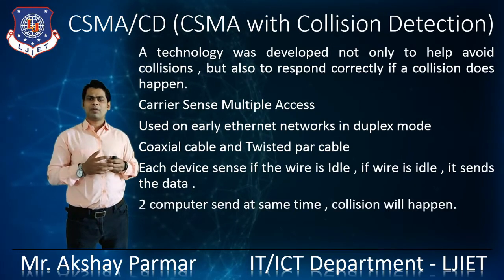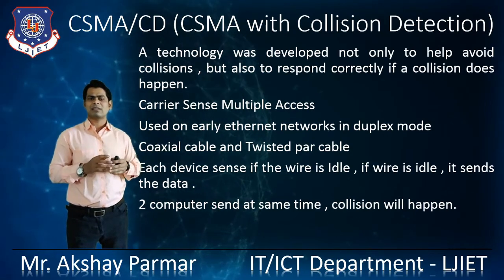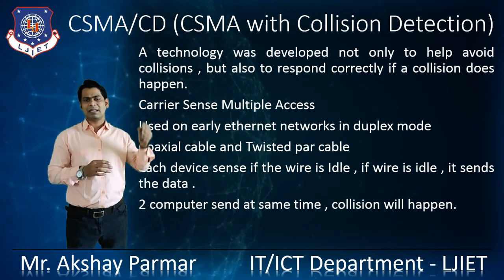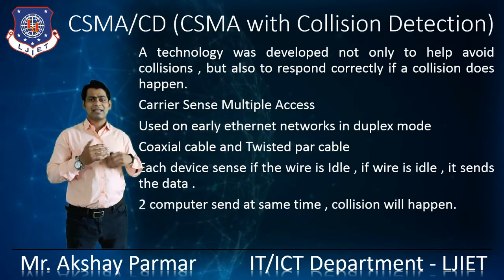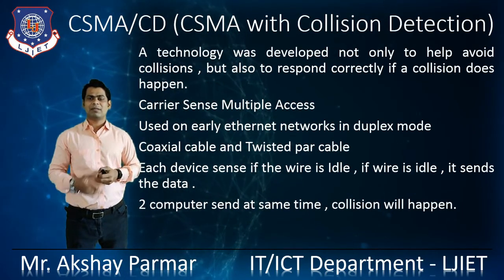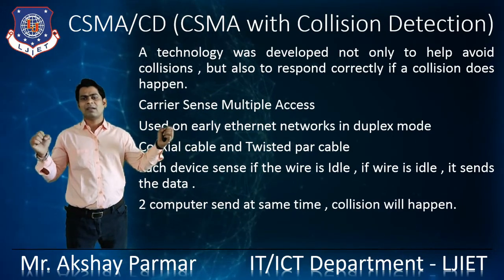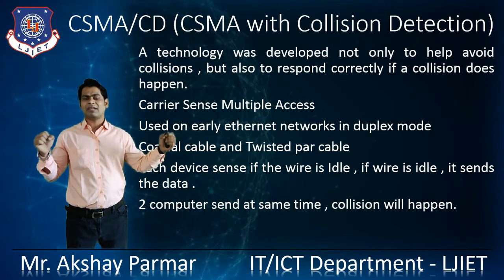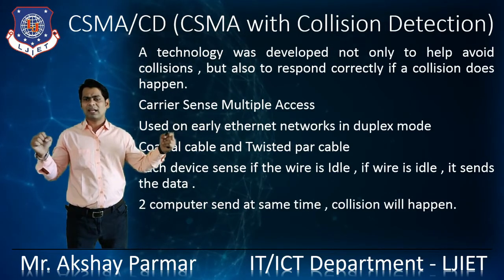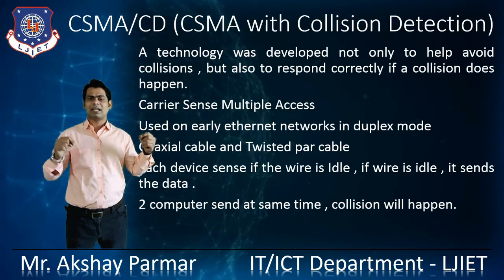What if two computers at different locations sense the wire is idle at the same time, and send data simultaneously? For example, here A is there and here B is there, and they are sensing the wire to see whether it is idle or not. They both sense the wire is idle at the same time, and both send data.